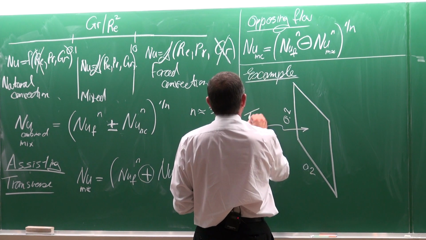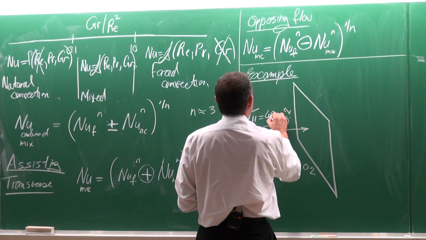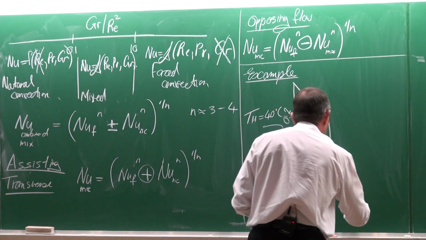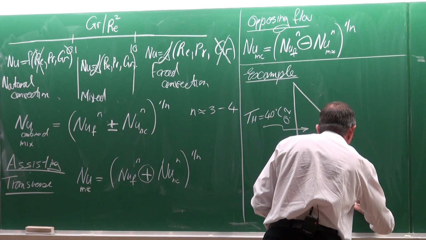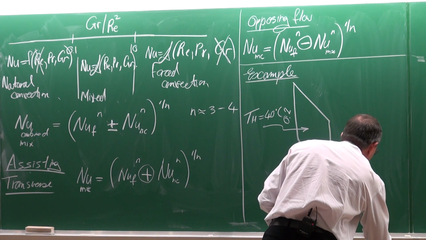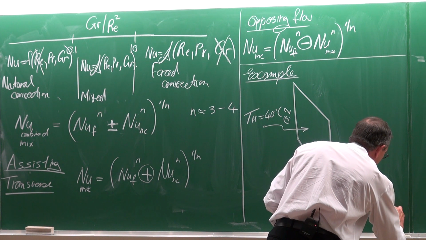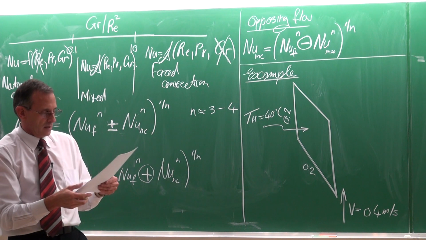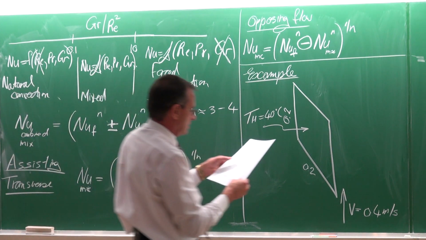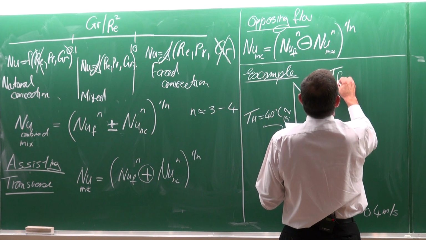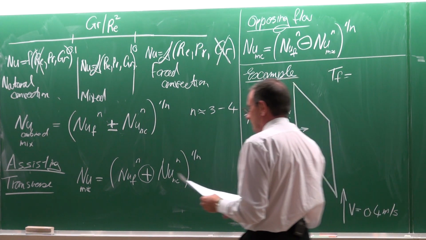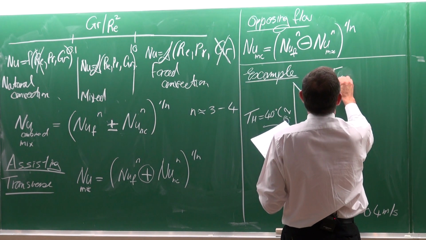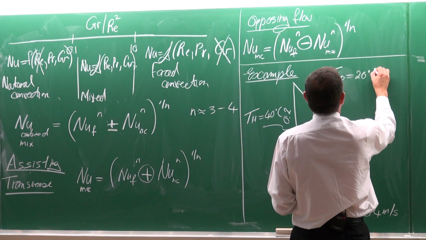The flat plate is being heated to 40 degrees Celsius. We have a fan velocity of 0.4 meters per second blowing over the flat plate in an upward direction, while T environment, the ambient temperature, is 20 degrees Celsius.